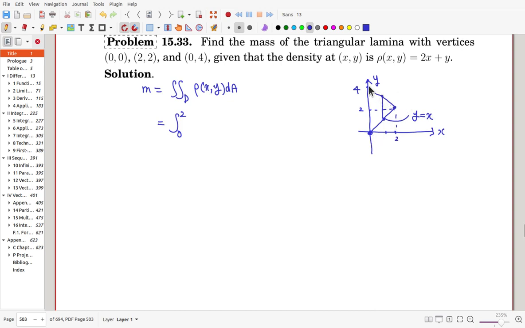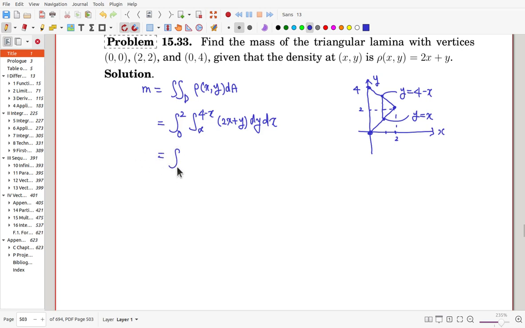The top is y equals 4 minus x, where the slope is -1. So for each x, the bottom y is x, the top y is 4 minus x, and the integrand is 2x plus y, with the y direction first and x as the outer integration.